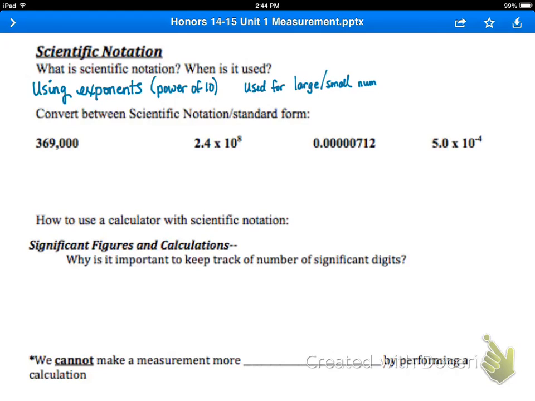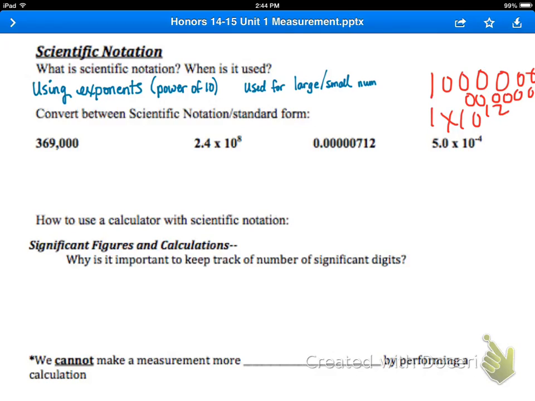So if you asked me how many atoms there are in the head of a common pin, I would tell you that there is about 1, 2, 3, 4, 5, 6, 7, 8, 9, 10, 11. Can't even fit them all, right? It's a 1 with 12 zeros. Or I can say 1 times 10 to the 12th.